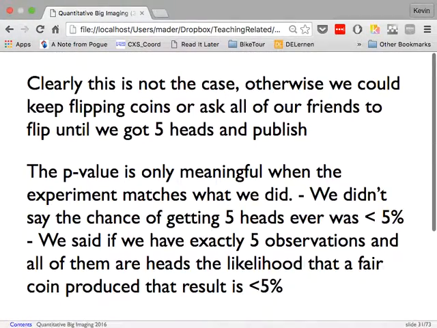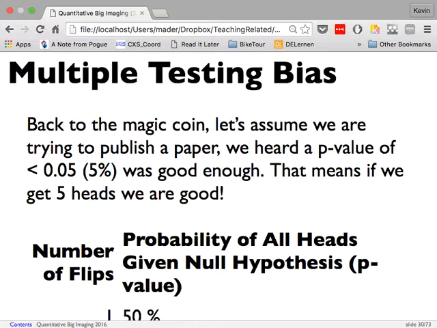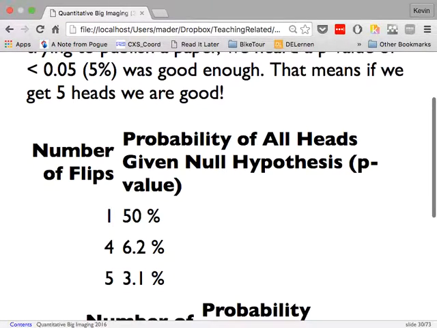So basically what this moves on to is the more general case of this. And this is what you see in many science groups: you flip a coin until you get 5 heads. And then you say, yeah, because I calculated at the beginning that 5 heads in a row has a 3.1% chance of happening, that's a significant result.